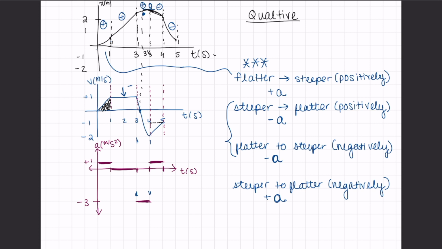The more likely thing is that you're going to be working with a graph that's set up in the way that the velocity versus time graph is or the acceleration versus time graph is, and be asked to either directly compute a value, so one of our quantitative examples, or describe one of these behaviors that I just talked about, so one of the qualitative examples.